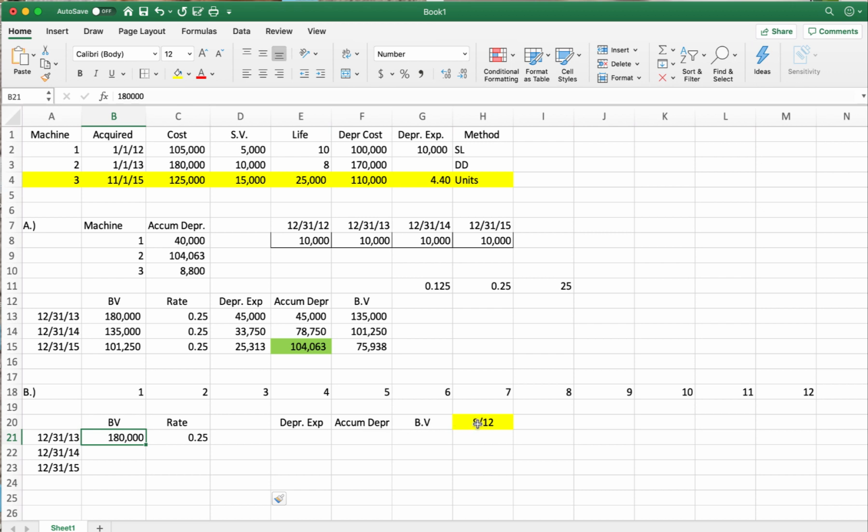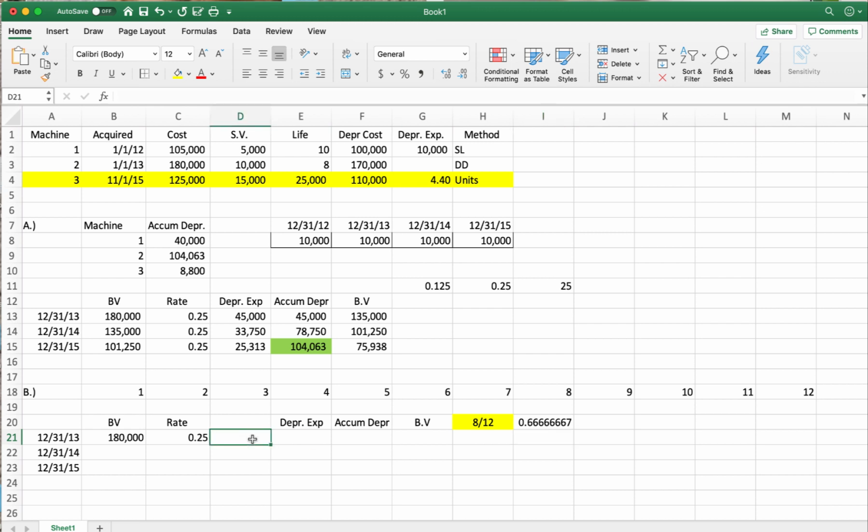But we need to remember that we're only getting 8 months out of the year: May, June, July, August, September, October, November, December. 8 months. So if I take 8 divided by 12, that gives me basically 66%.